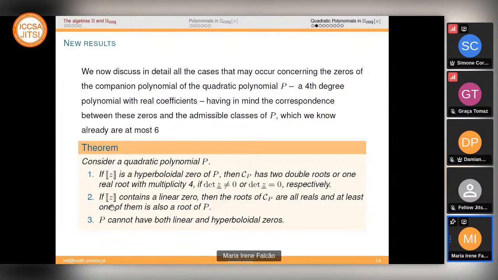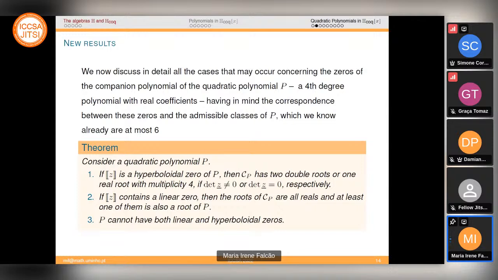If a similarity class contains a linear zero, then the roots of the companion polynomial are all real, and at least one of them is also a root of P. And finally, we have proved that in the case of a quadratic map, it's impossible to find a polynomial which has both linear and hyperboloidal zeros.